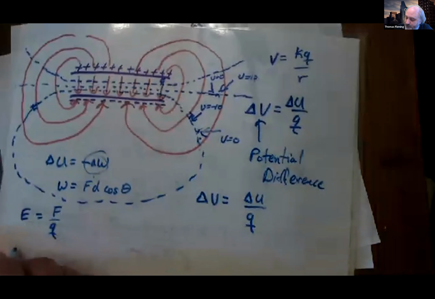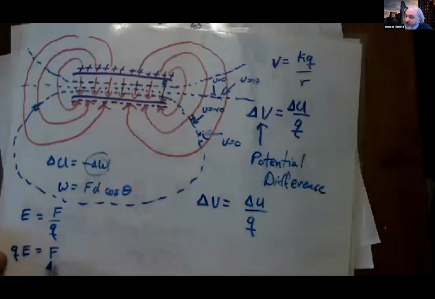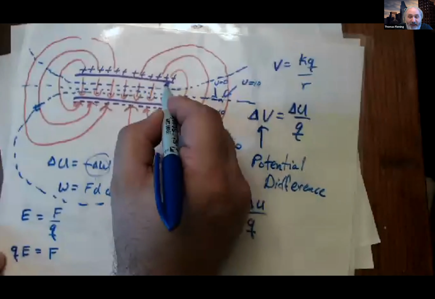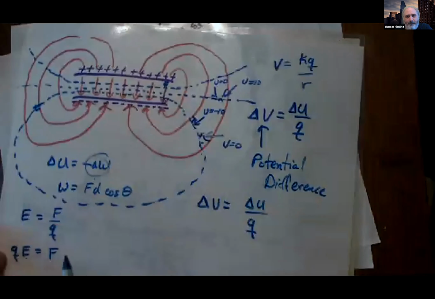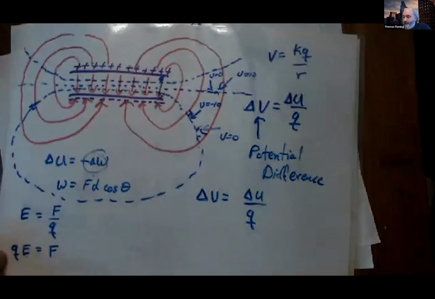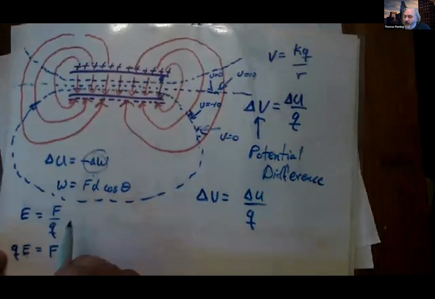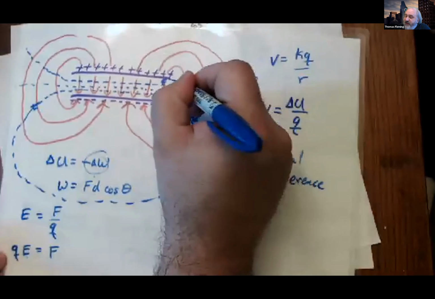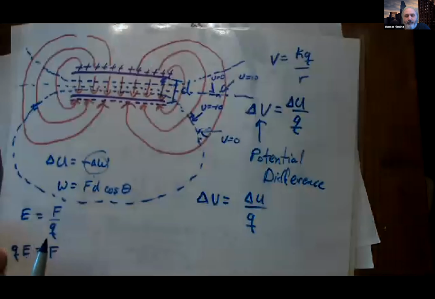And the amount of force that this guy feels going from here to here is going to be however much charge this guy has, Q, times however big that electric field is, E. Cool. So the work will be Q times E times D, where D is the distance that it moves. Well, D is just going to be the size of the gap between those two plates. Cool.